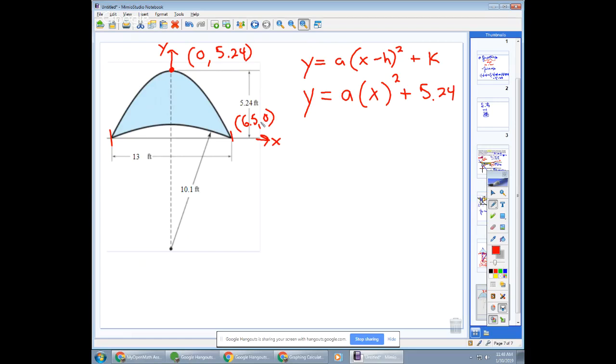To figure out what a is, I use this point over here and just plug it in. If I plug in 6.5, I should get out 0. So 0 equals a times 6.5 squared plus 5.24. Solving that, we'd subtract the 5.24 over and then divide by 6.5 squared. So a equals whatever that is.